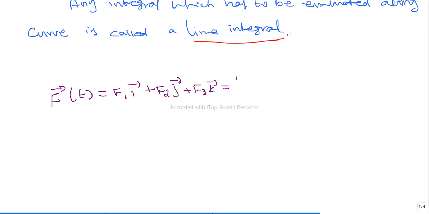No need to write the argument, it's always a function of t. Or simply we can write it as the ordered triple f1, f2, f3. That is the meaning actually. The first one is the coefficient of i vector, the second one is the coefficient of j and so on. Suppose this is a vector point function. So let f of t be a vector point function.